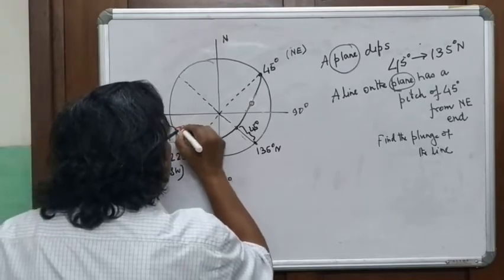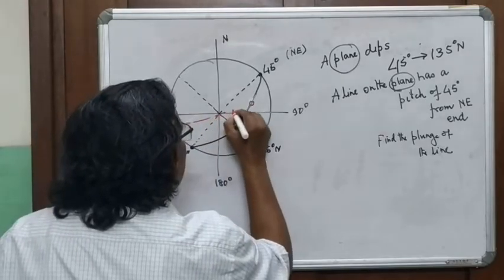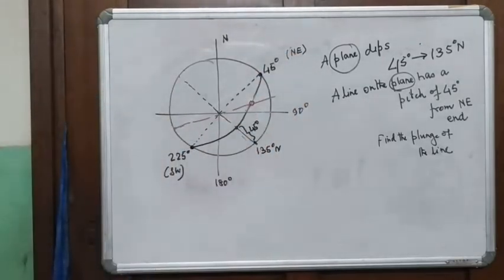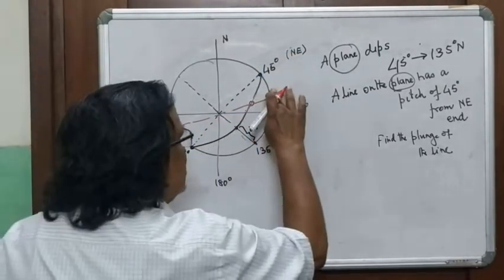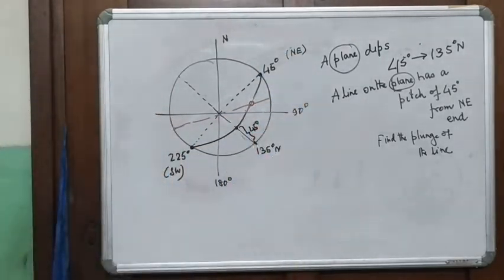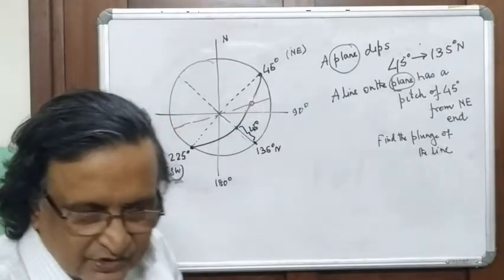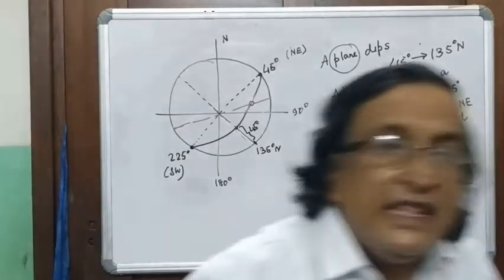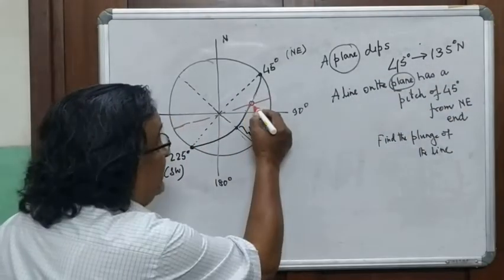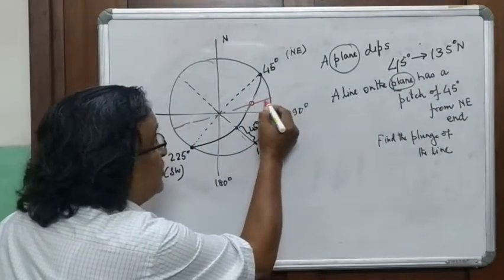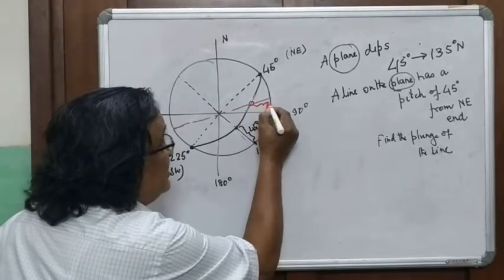So, here is my line. Here is the vertical line. That is the vertical plane in which the point lies. Which is the plunge? The angle made by the line with the horizontal. So this is the plunge.